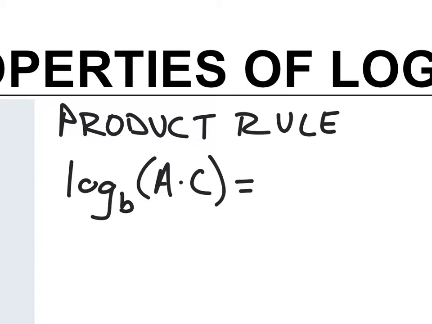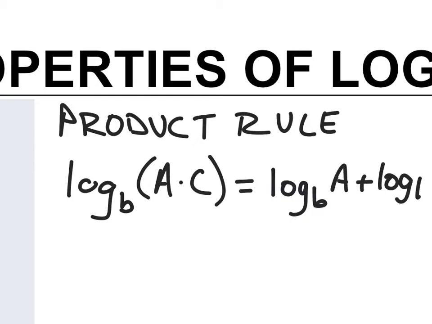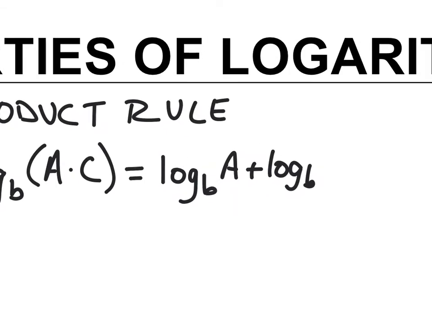The product rule states that if I'm multiplying two things inside of a logarithm, I can write that as the sum of logarithms. So log base b of a plus log base b of c.